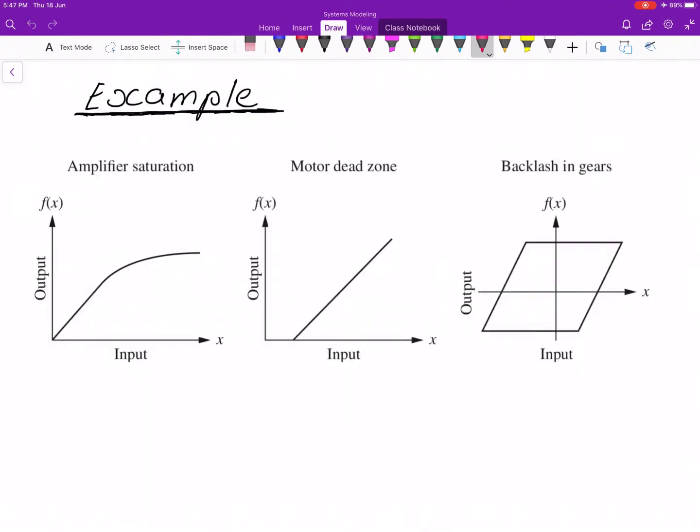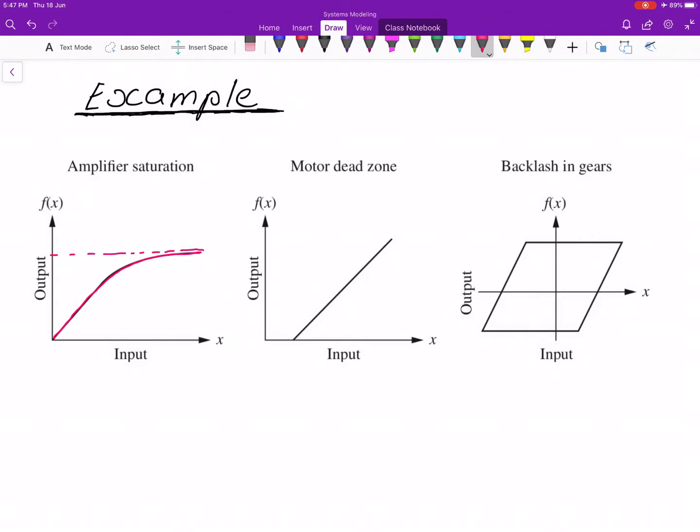A common physical nonlinearity is found in amplifier saturation, whereby the output increases with input initially and beyond a particular value, the output remains constant.